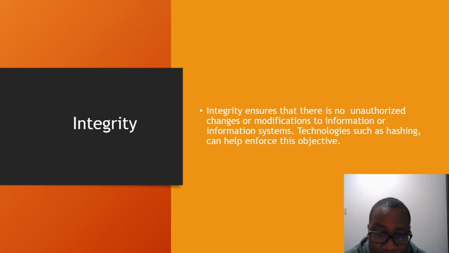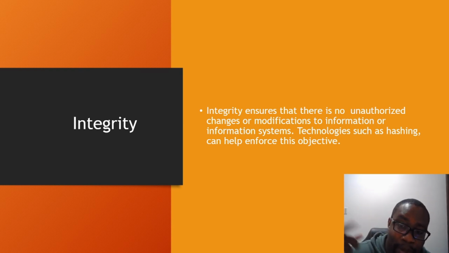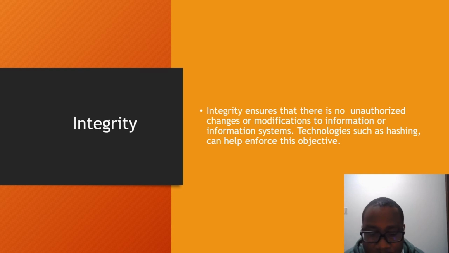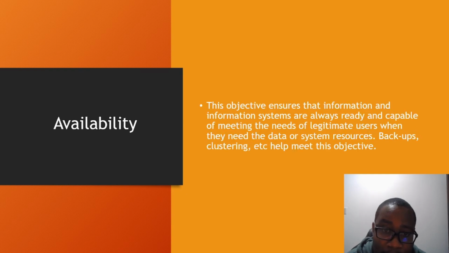You don't want any external or internal force to change that thing, because if I want to send message A to person B, I want to make sure they get message A in the original form that it was in. So that is what integrity is. And we'll go into hashing as we continue on in this series of guide videos. That's the second one of the triad.